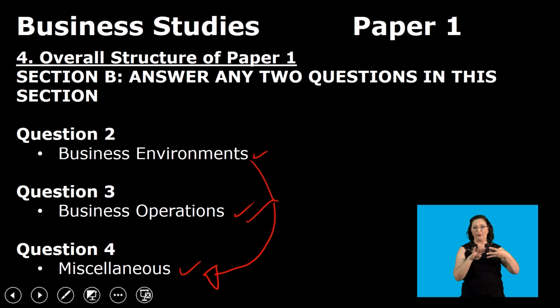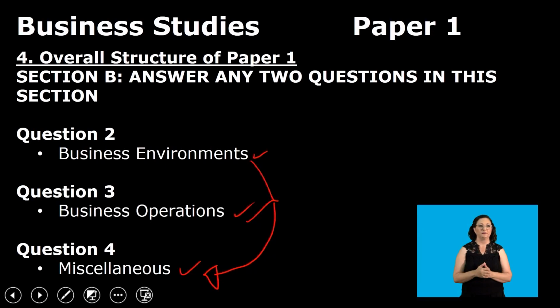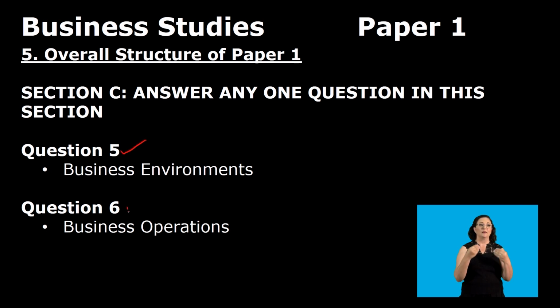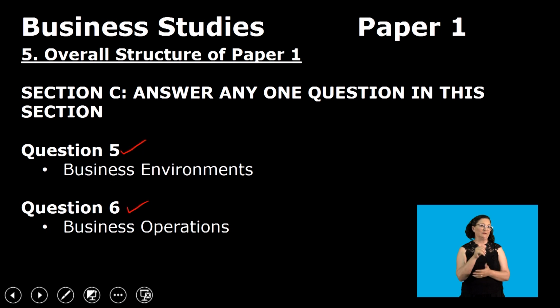They will come to miscellaneous, but it's not going to be a repetition. It's just that it's a question that comes from these 2 topics. So 20 marks will be for business environment, 20 marks will be for business operations. And then Section C, as mentioned, it's your essay. There's business environment, which is question 5, and business operations, which is your question 6.